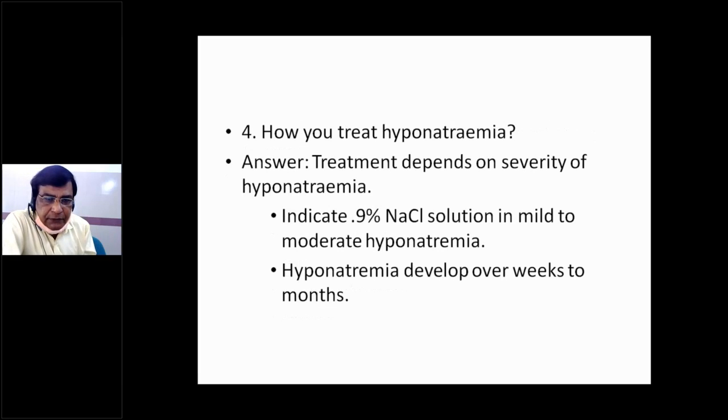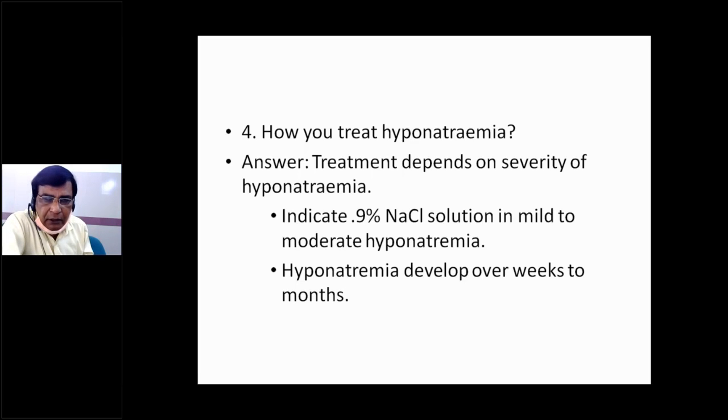Our next question is how to treat hyponatremia. Treatment of hyponatremia depends on the severity of hyponatremia as well as how rapidly it develops. So during treatment, we should consider whether the hyponatremia develops slowly or rapidly.